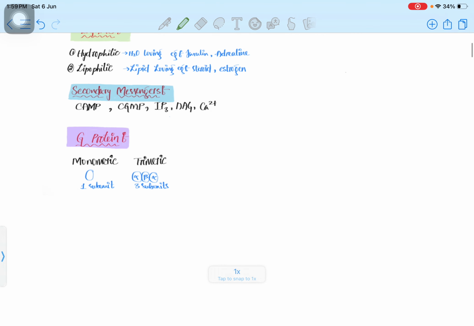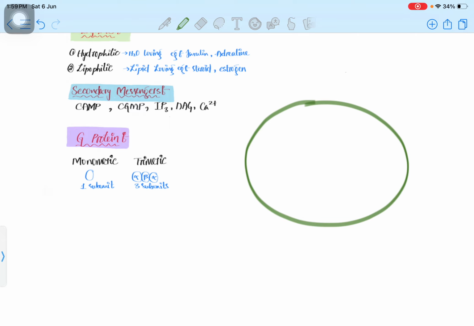And we also need to know about our receptor-related things. So think this is our plasma membrane. On this plasma membrane we have a receptor like this. If one single protein, like alpha, is present, we call it a monomeric condition. The receptor gets attached with some proteins.